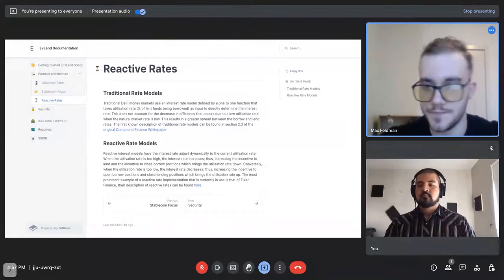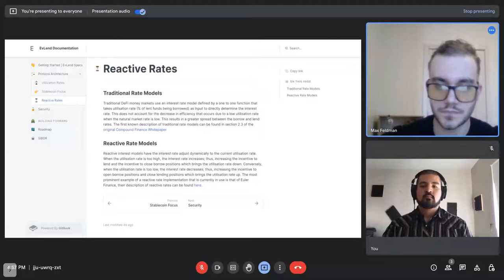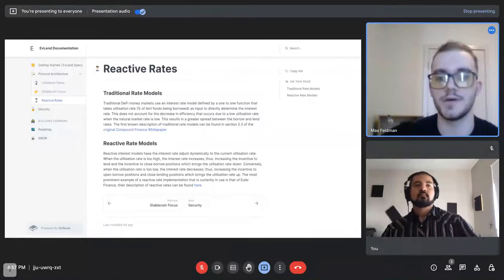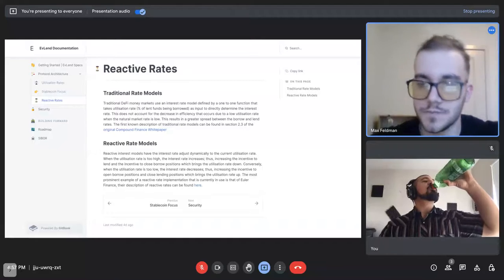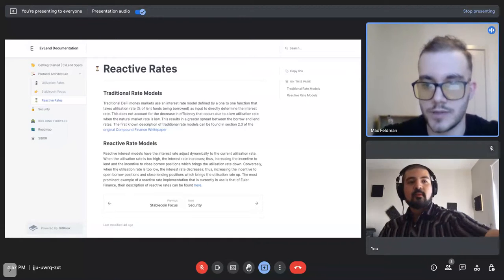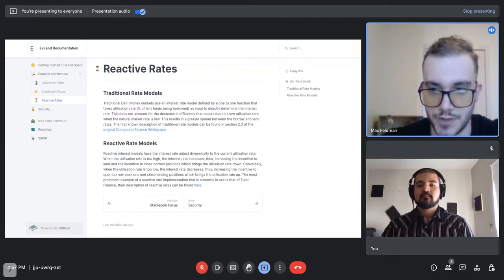And then one way to get around that is the use of the reactive rate model. What reactive rates do is, rather than mapping one-to-one a utilization rate to an interest rate, they will map the utilization rate to the rate of change of the interest rate.